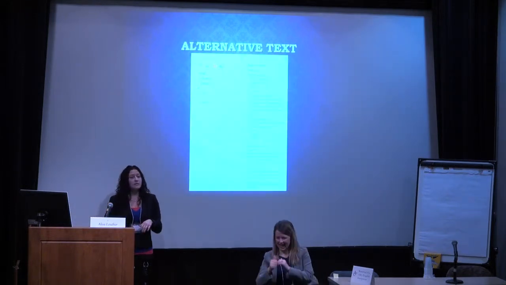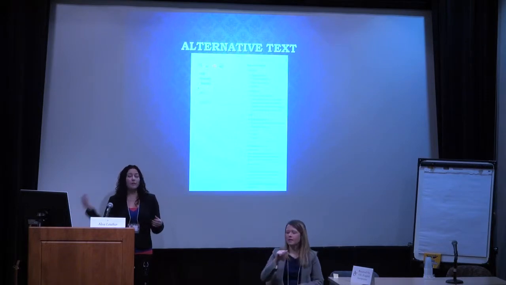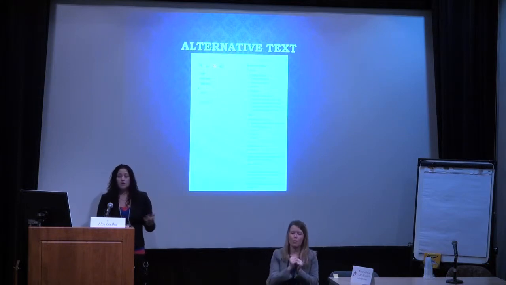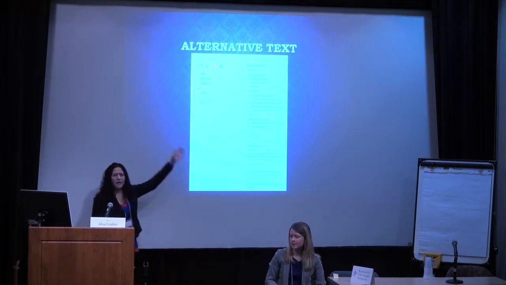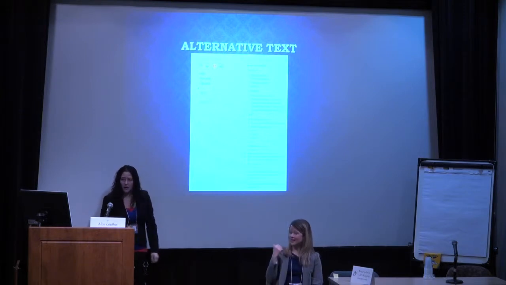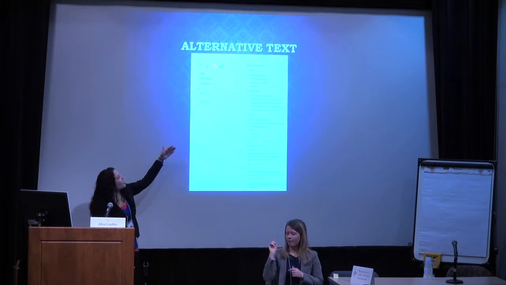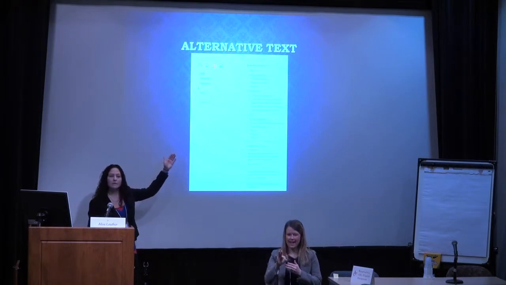Alternative text. This is what I talked about when we were talking about the image of the text, if it's just a graphic versus real text. In the handy dandy accessibility checker, it will tell you if there are spaces where I'm missing alt text.